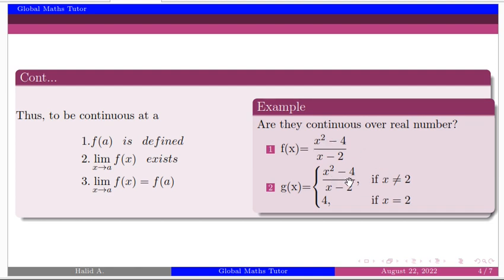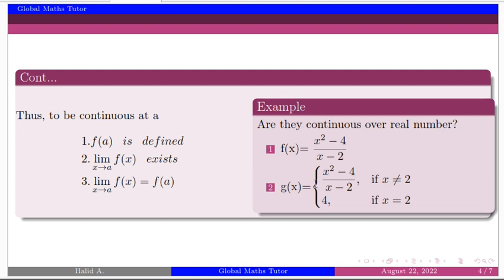Let's define a value at the point x equal to 2, let's define it as 4. This function g of x is, for x different from 2, the same function x squared, and if x is 2, then g of x is 4.